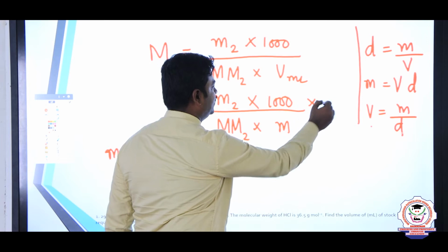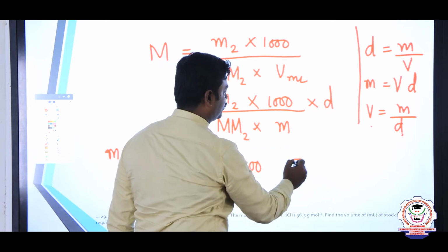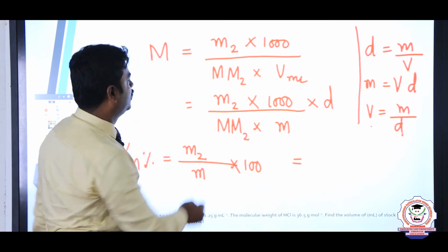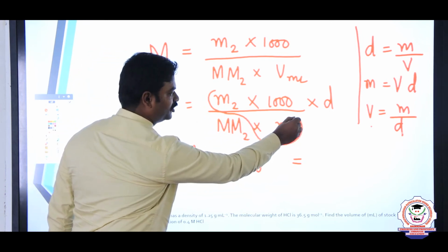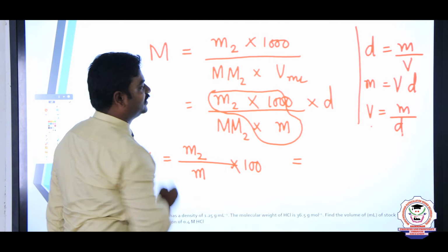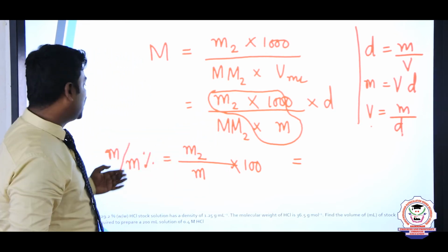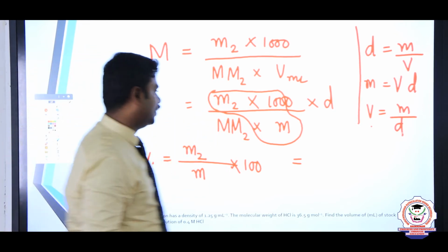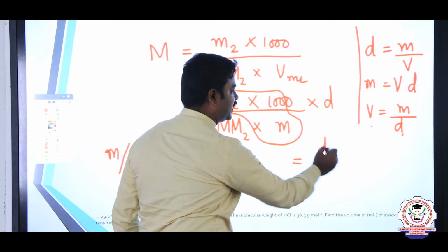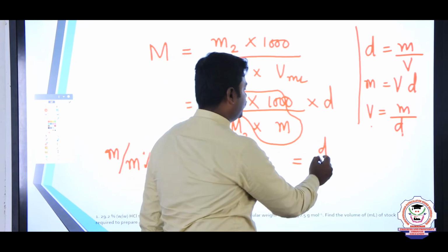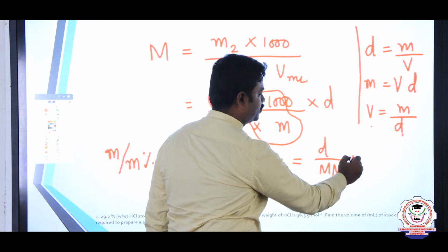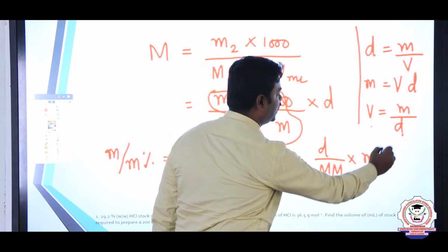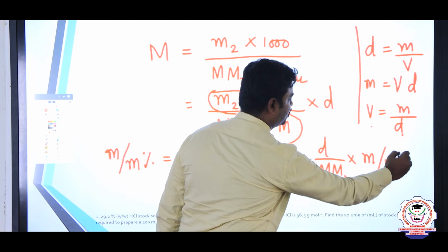So density here, that is equal to, see here students, M2 and the mass of the solution and 100, this part is actually mass by mass percentage solution. So now the remaining parts are density divided by molar mass of the solute into mass by mass percentage.